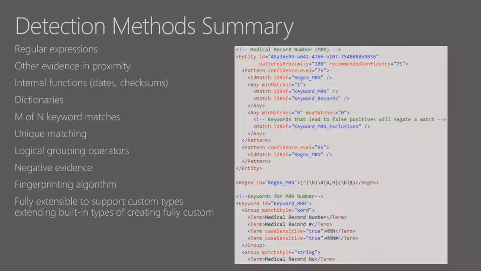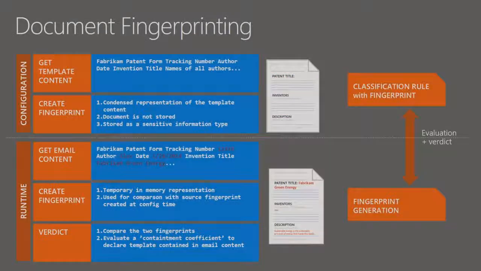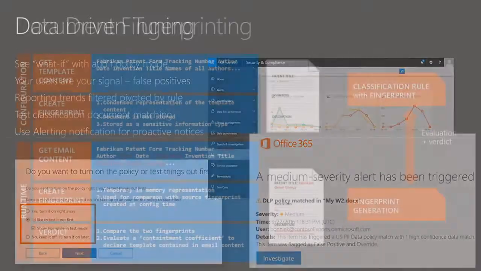So if you have a form or some kind of document that you use over and over again in your organization, you may change it each time. We'll detect the original form as well as variations of that form, and they can change pretty significantly without jeopardizing our ability to detect them. But here, these are some of the capabilities that we have used in our organization. I'll have to skip past this for the sake of time.